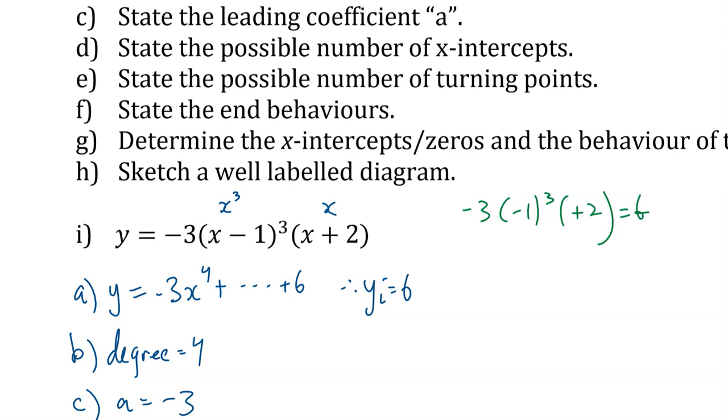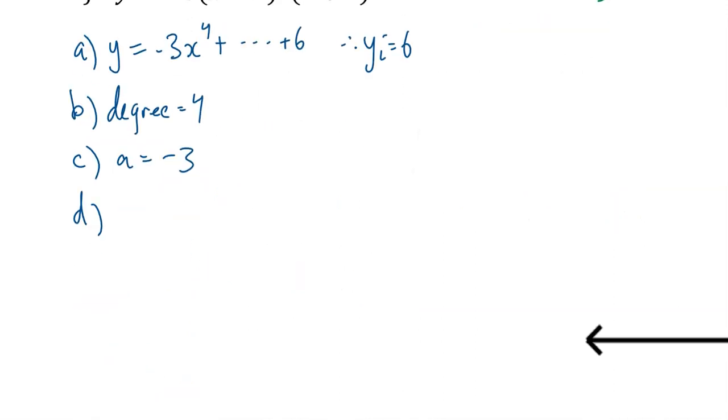So if you remember from yesterday, degree 4 could have 0, right? If it opens up and it's all above the x-axis, or if it opens down and it's all below. It could have 1, it could have 2, it could have 3, or it could have 4. Degree 4 can have up to 4.